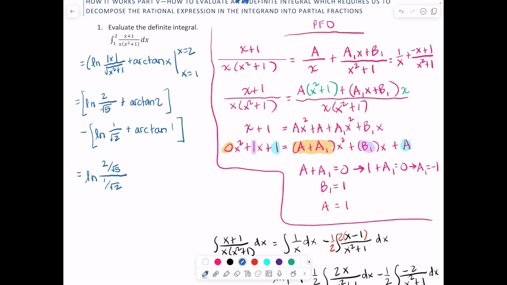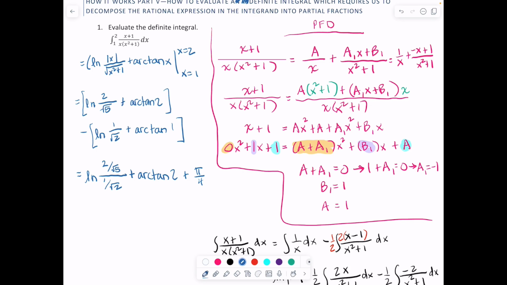And then plus arctangent 2, just leave it as arctangent 2, but arctangent of 1 is pi over 4, because, remember, the output of an inverse trig function is an angle, and the tangent function is 1 when the angle is pi over 4. Cool? And we don't look at the one in quadrant 3 because we're dealing with inverse trig.